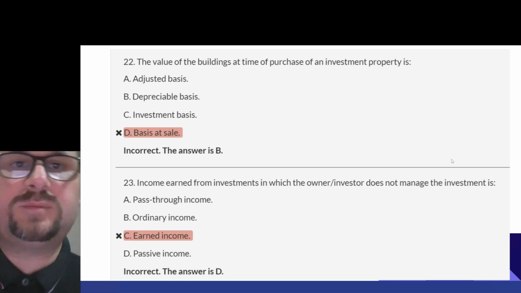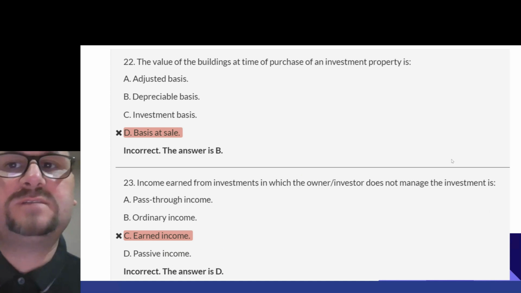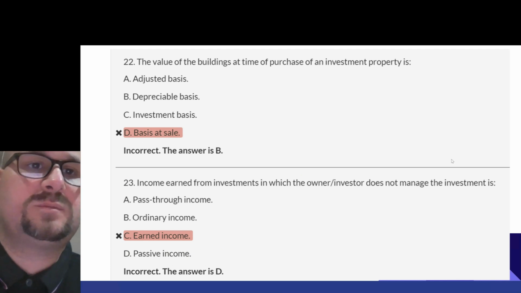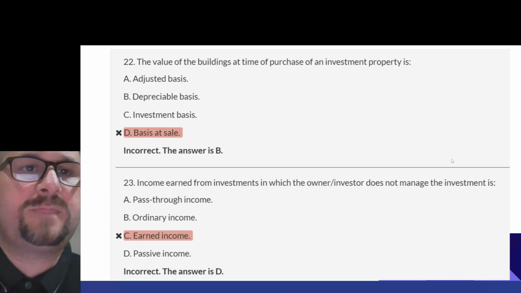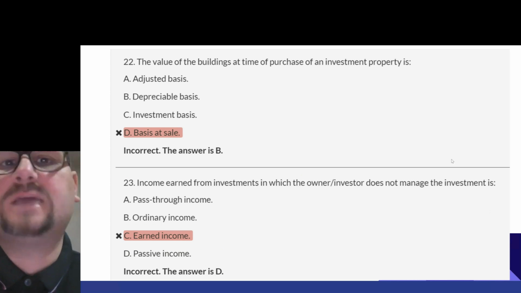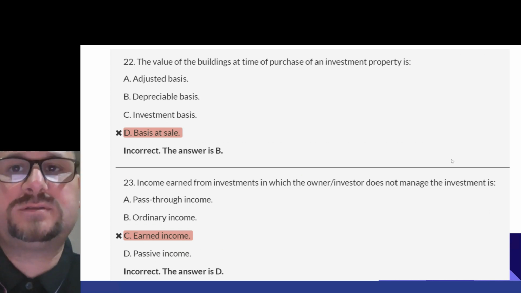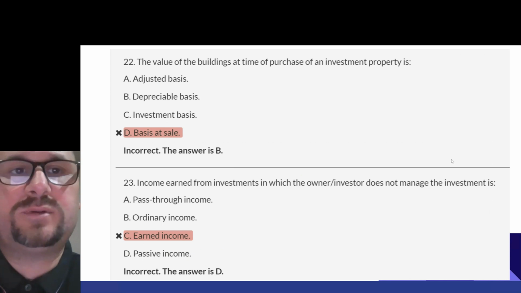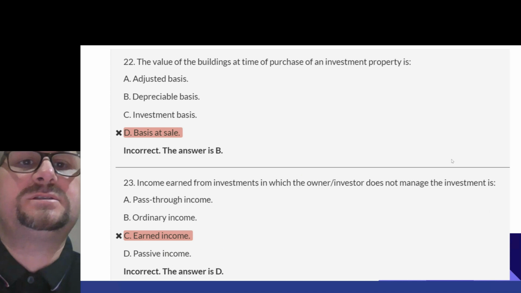22. The value of the building at time of purchase of an investment property is, bravo, depreciable basis.